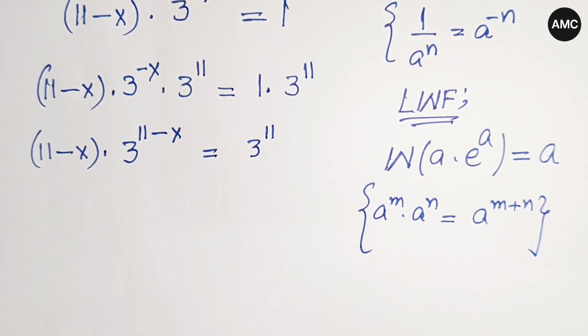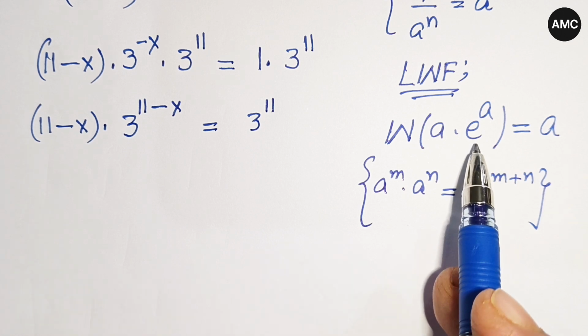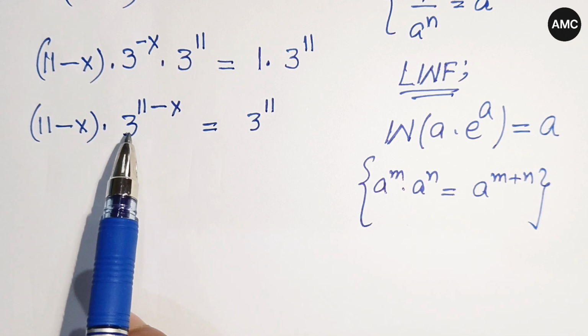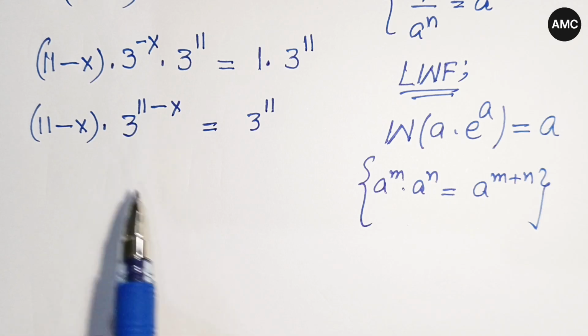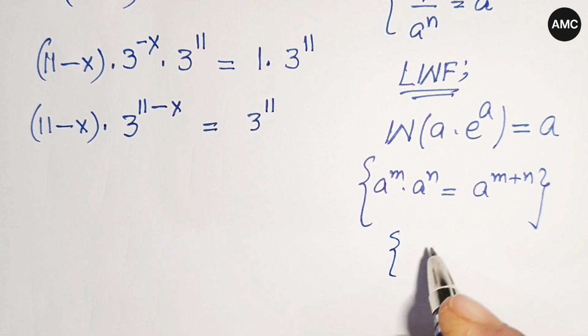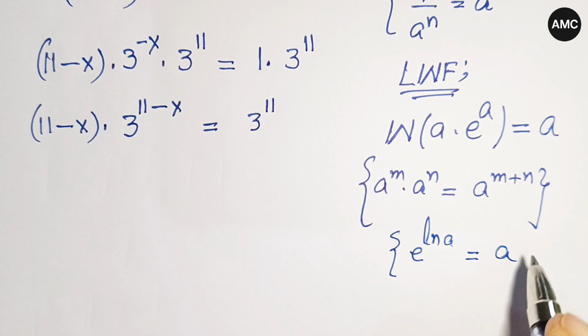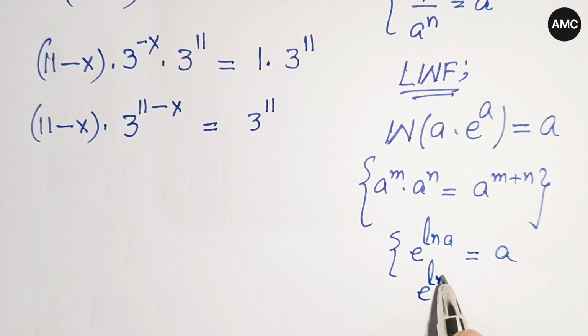Now we have to write this in exponential form, so this will be 3 to the power 11 minus x. We know that if we have e to the power natural log of a, then it is equal to a, so e to the power natural log of 3 is equal to 3.